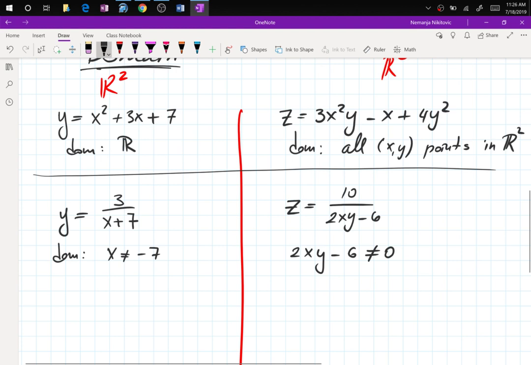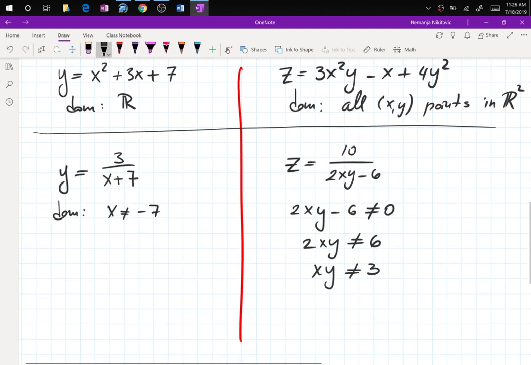And go ahead, solve it. So if you are solving this now, you will have 2xy is not allowed to be 6. xy is not allowed to be 3. And now you can write it as a formula where y is not allowed to be 3 over x.